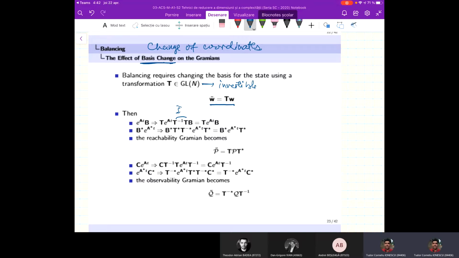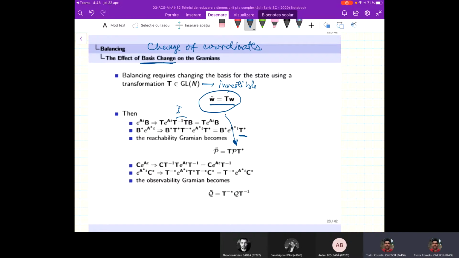So it's T e^{At} B. And also B star e to the power A star t is B star e to the power A star t, T star. Hence the new reachability Gramian: when you perform this change of coordinates, the reachability Gramian is changed like this. The new Gramian is T P T star.